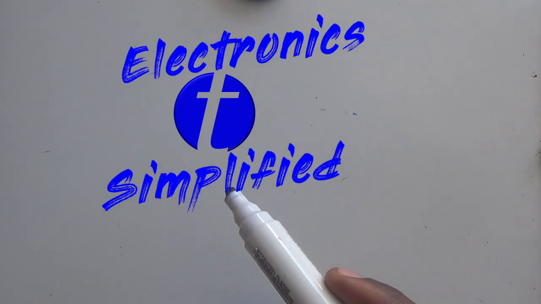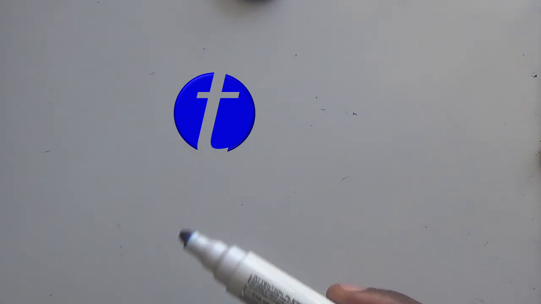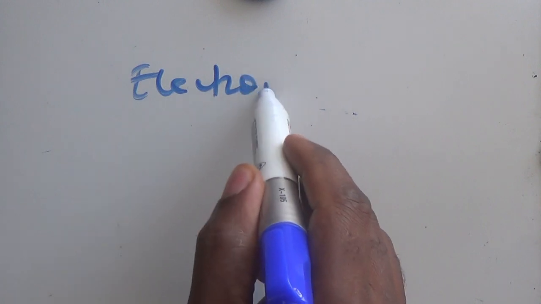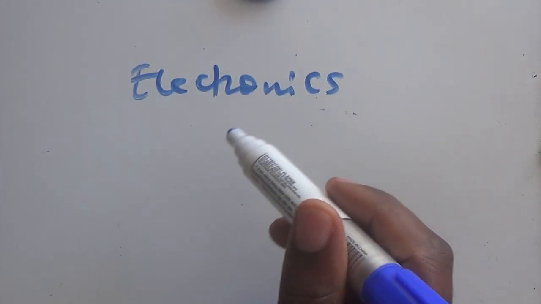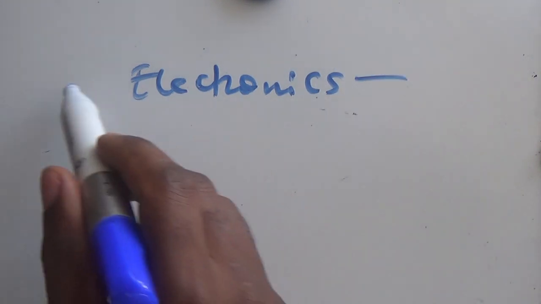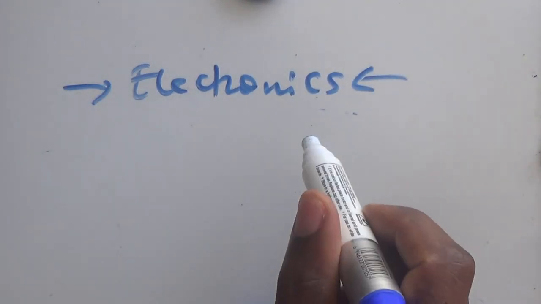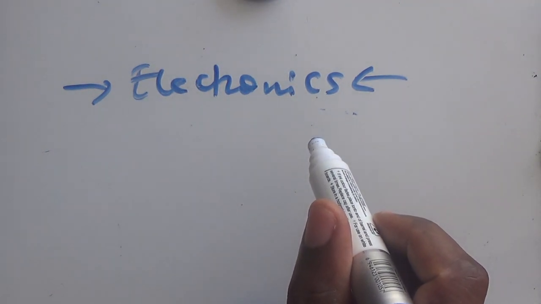So I'm starting on a new series where I'm trying to see whether we can get a few things done in electronics. Such things that I'm talking about are a few things that are looked at as complex, from my experience in teaching electronics.